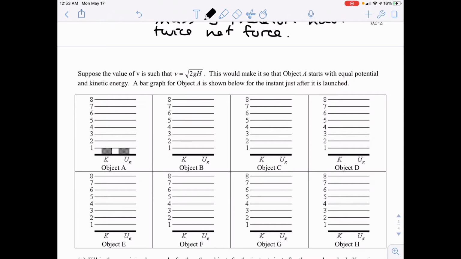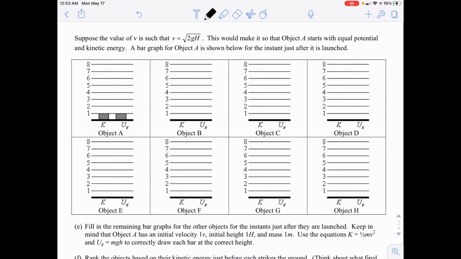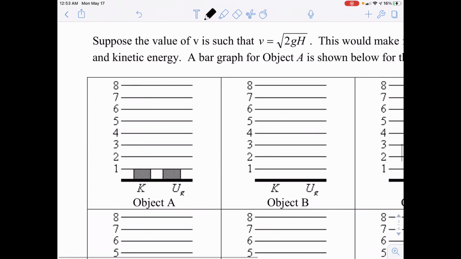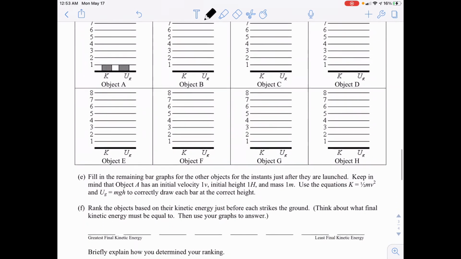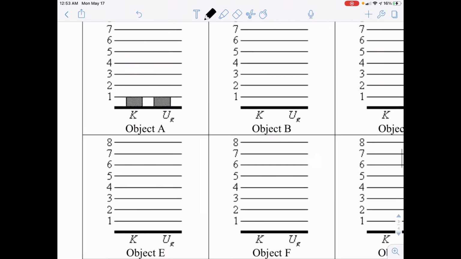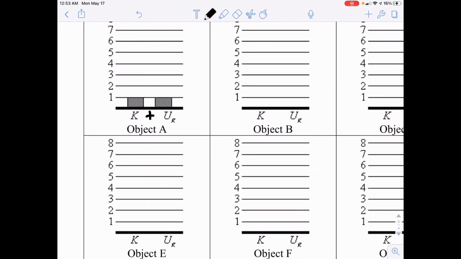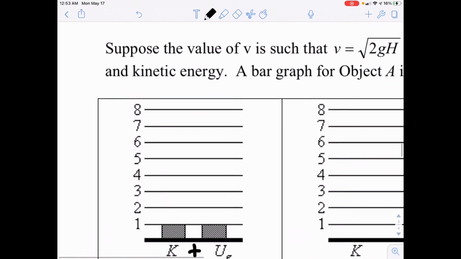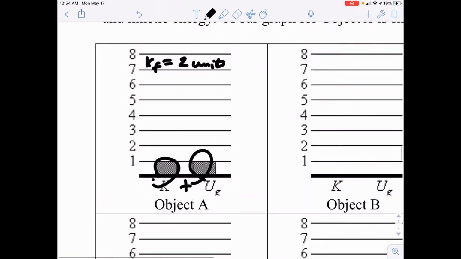Let's complete the bar graphs for B, C, D, E, F, G, H. Well, in this instance right here, the final kinetic energy is going to be based on the sum of these two, because as we remember, the final kinetic energy was the initial kinetic energy plus the potential energy. So in this one, I'm going to make some notes here. The final kinetic energy is going to be 2 units here because this is 1 unit plus 1 unit.